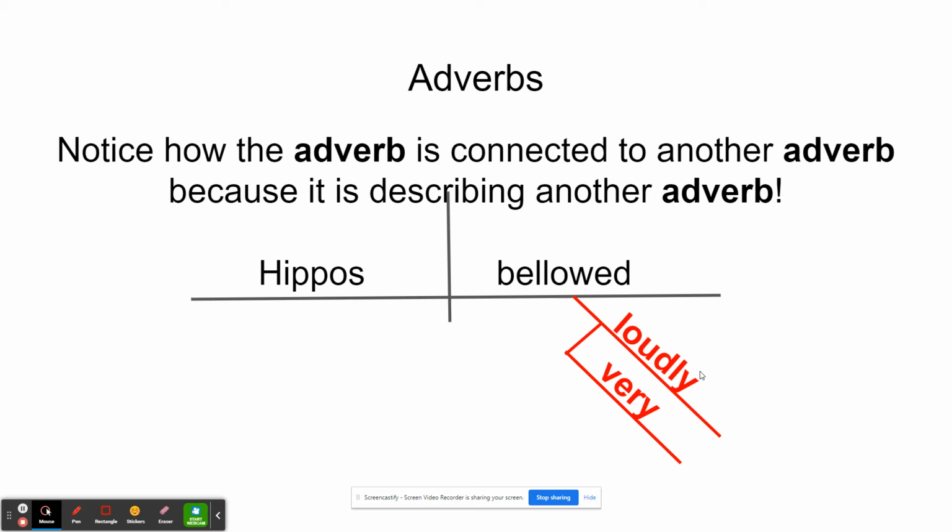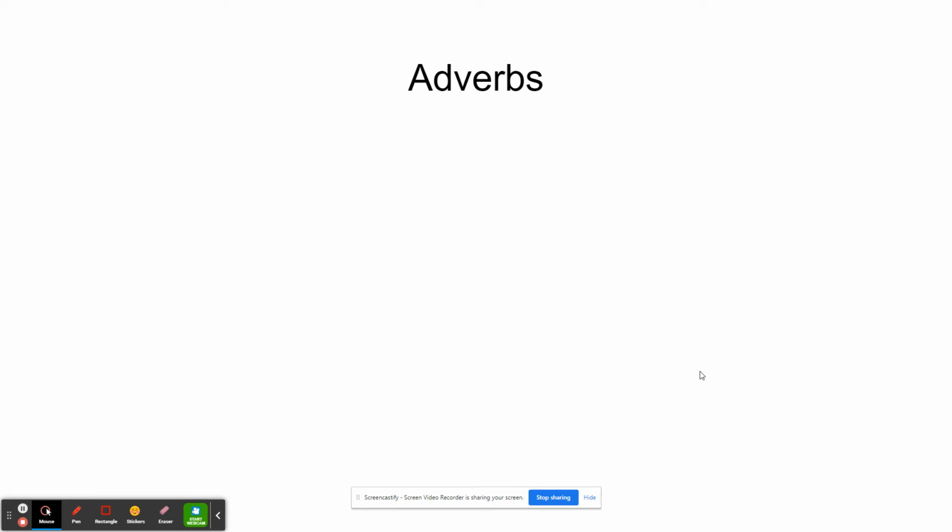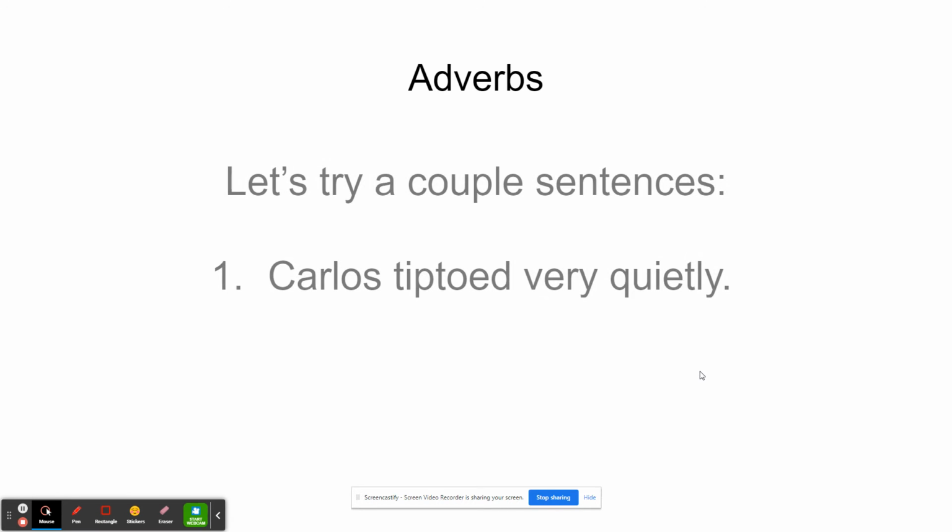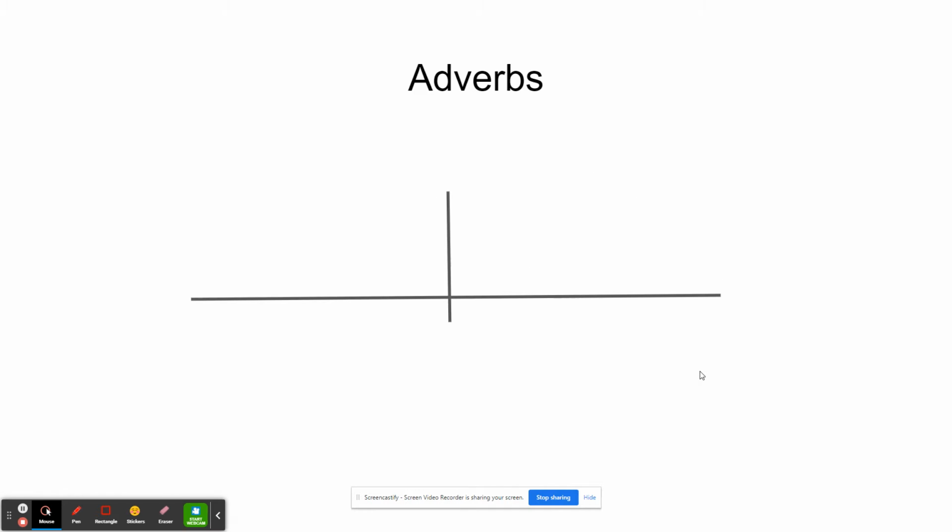All right, are you ready to practice one with me? Here we go. You might want to grab your marker board marker or a scrap of paper so you can practice this right along with me. Look at this sentence. Carlos tiptoed very quietly. Let's go ahead and start with our core. What action is happening?